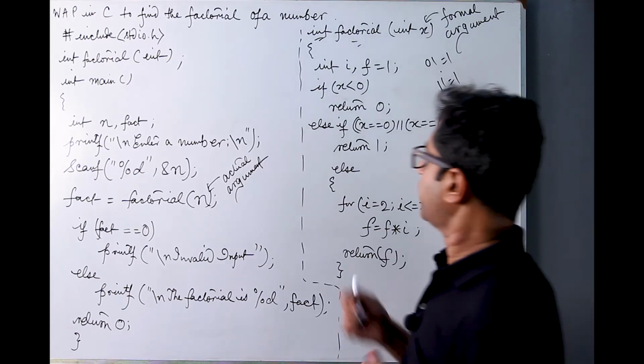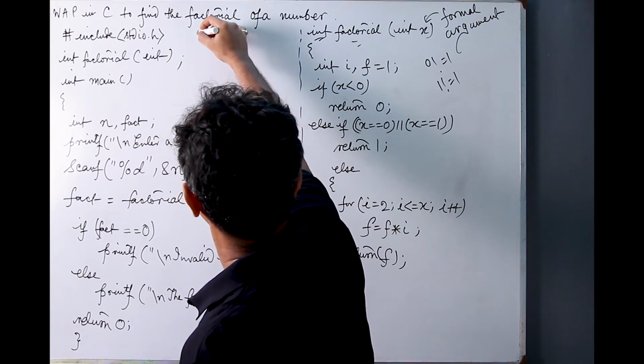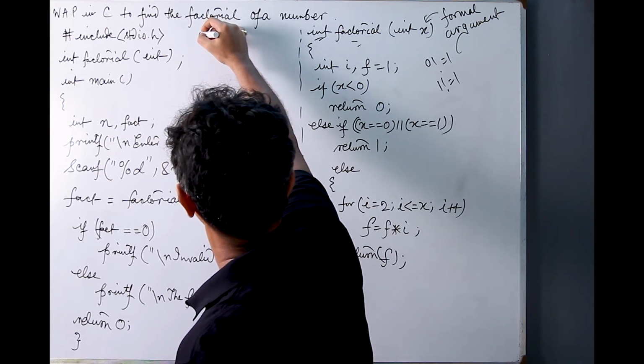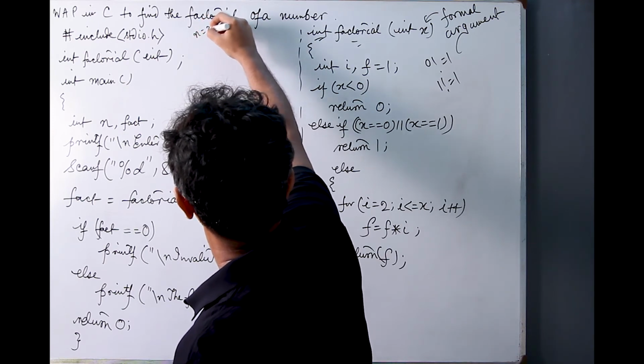So in this dry run, let us consider, for the sake of simplicity, if any user gives the value n is equal to 3 or something like that.